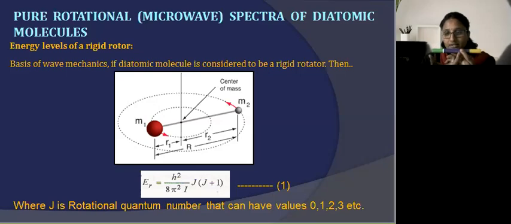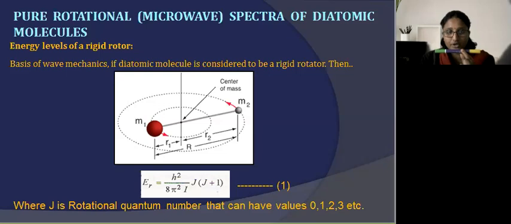The distance from the center of gravity to hydrogen is r1, and to chlorine is r2, and the distance between the two atoms is taken as capital R. So m1, m2, r1, r2 and R, these five parameters you know.